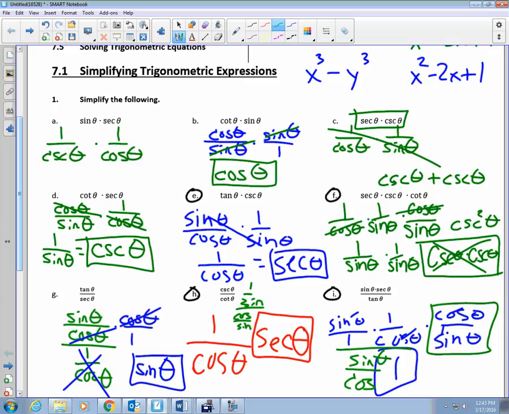Does that help you at all? It doesn't. The goal is to turn it into terms of sine and cosine. Look at what you did. This was in terms of sine, and you just took it out of terms of sine. You know what I mean? That's a very common mistake. If it's already in terms of sine or cosine, leave it alone. Don't change it to something else. Change it to something that would benefit you moving forward.